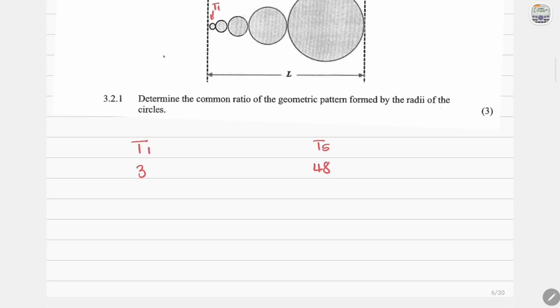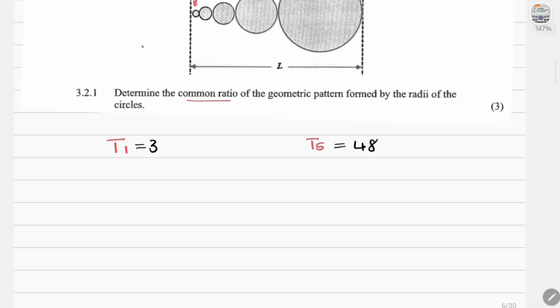Okay, and the question is, determine the common ratio of the geometric pattern formed by the radii of the circles. Okay, so they've given us the value of term 1, the first circle's radius, and the fifth circle.